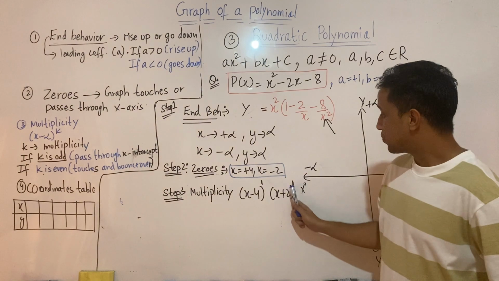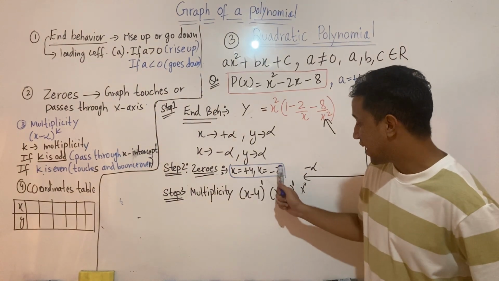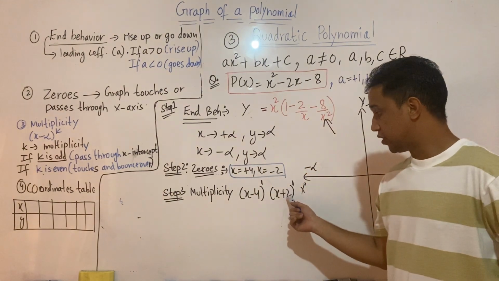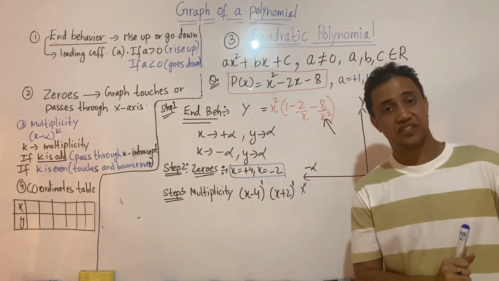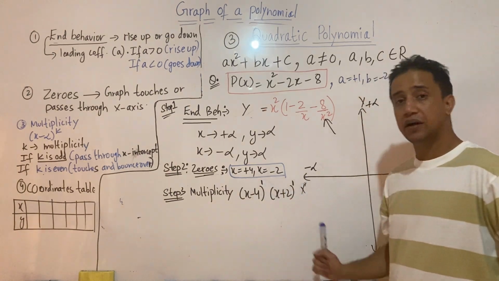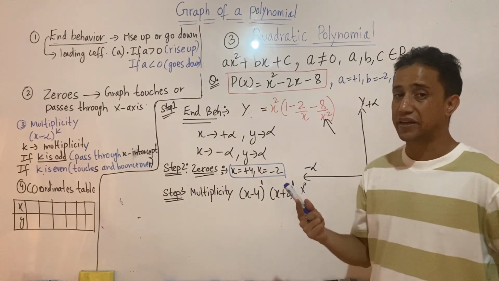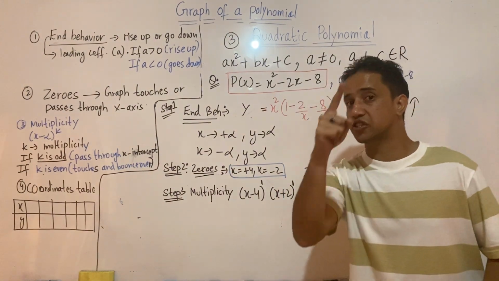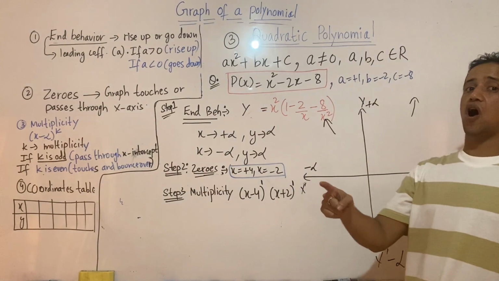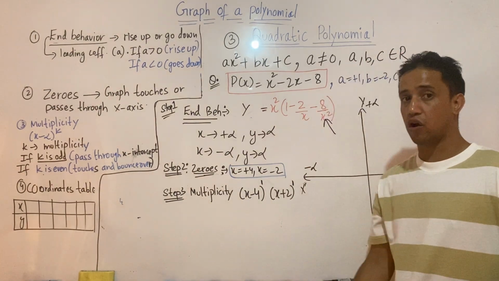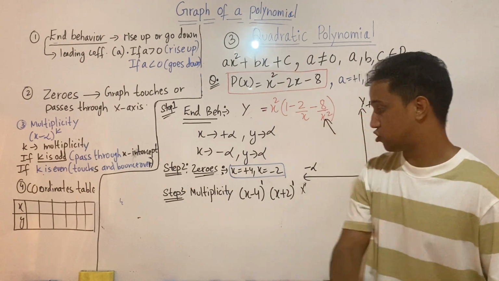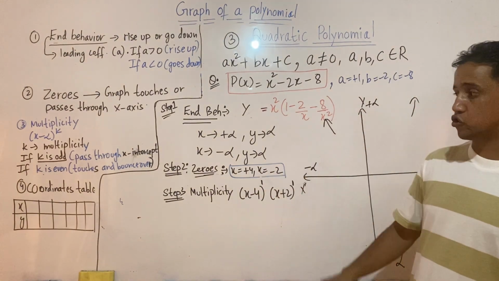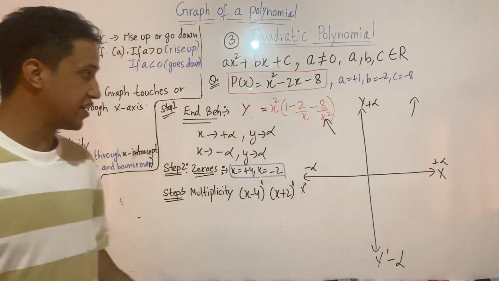And here at x equal to minus 2, the curve will also pass through the x-intercept, because here the multiplicity is 1. Multiplicity 1 means that the curve will pass through, or cut, the horizontal axis at the x-intercept, at x equal to 4, and the same is going to happen at x equal to minus 2. I hope this thing is clear.